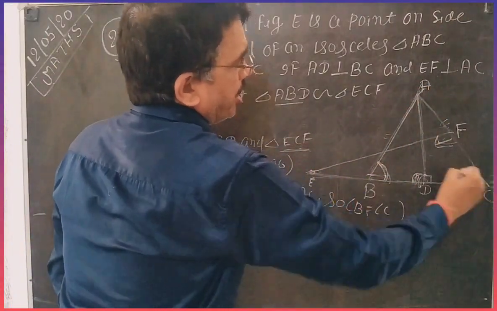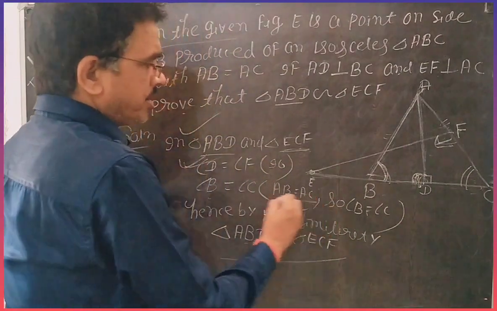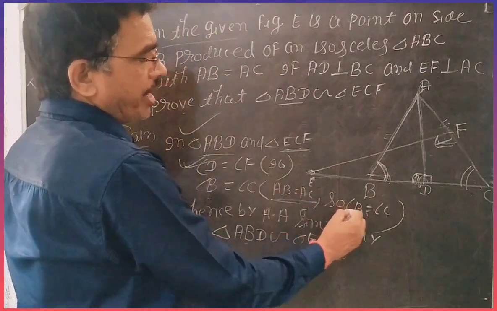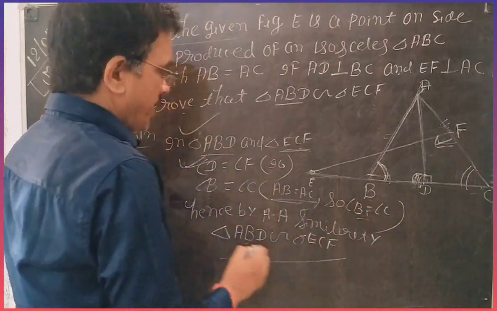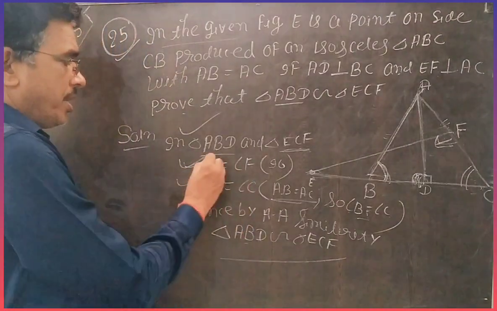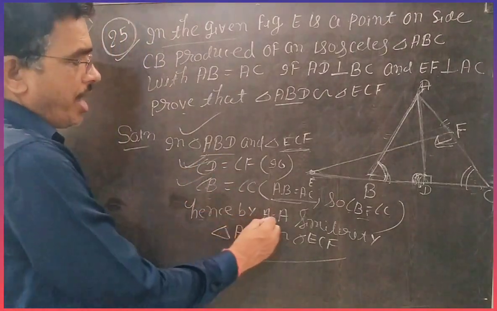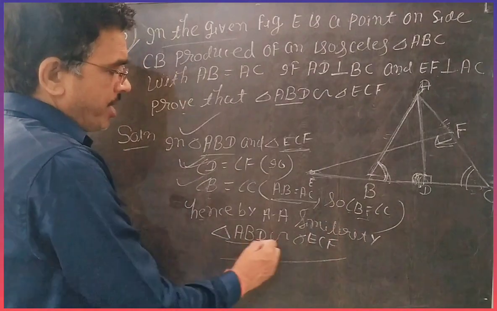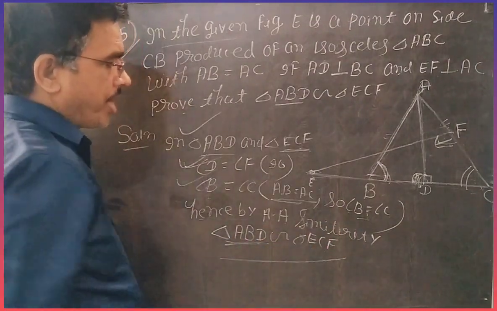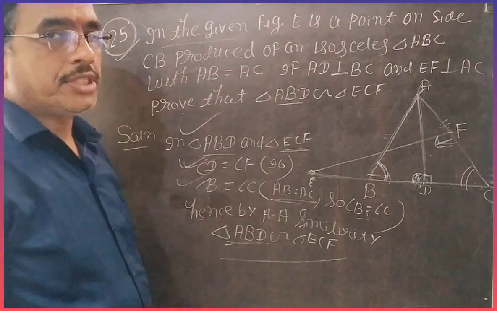Both are equal because AB is equal to AC given, so their base angles are equal, so B is equal to C. Here are two angles, so by AA similarity, we can say triangle ABD is similar to triangle ECF. The remaining question, try to solve.